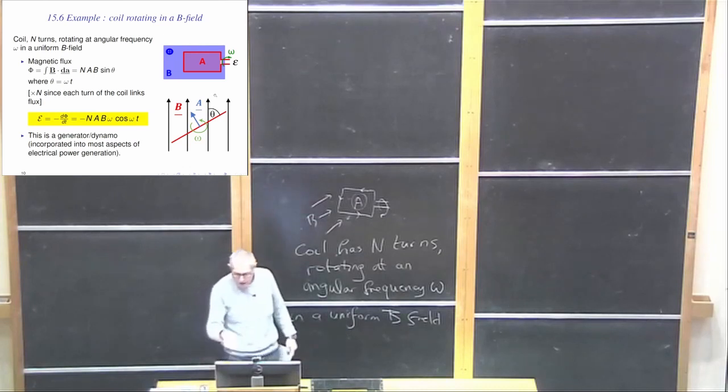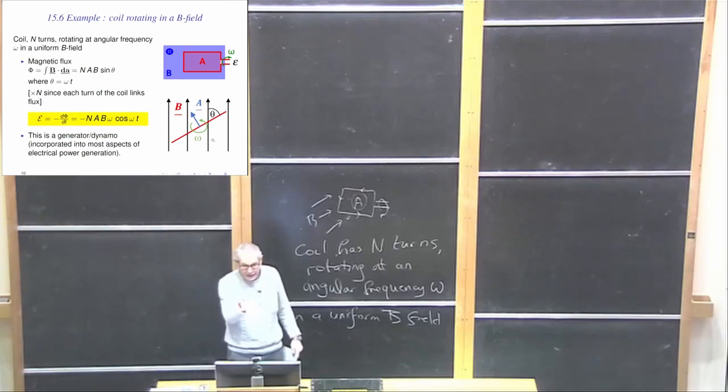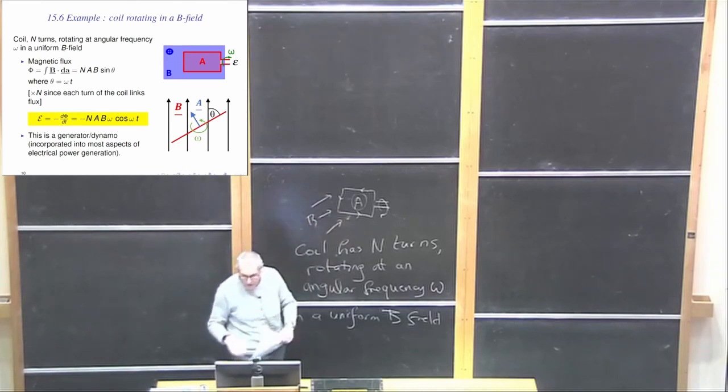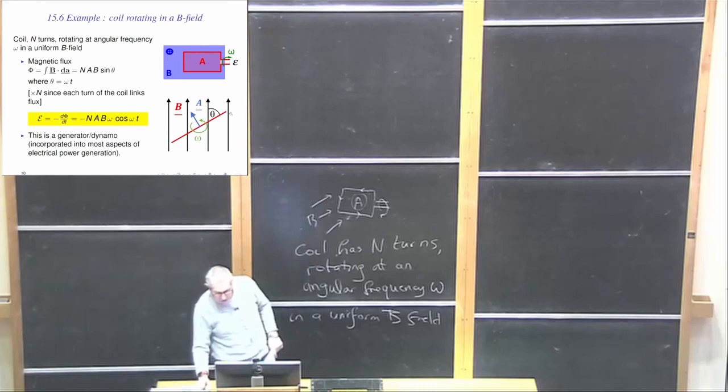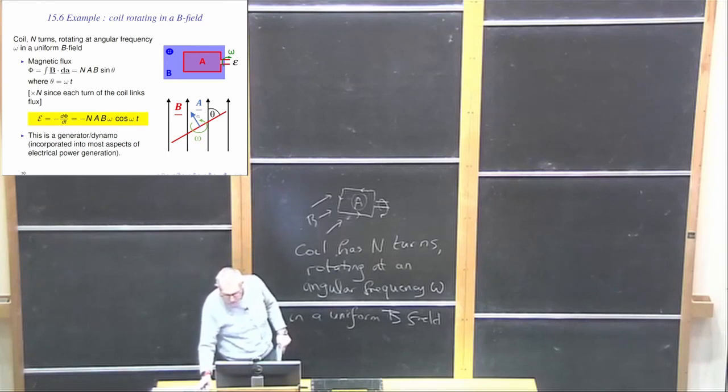Now looking from the direction of B, you're looking in the plane perpendicular to the board, into the screen. Then this here is the coil, and it's rotating round and round in a circle.